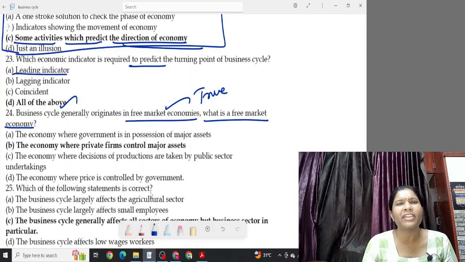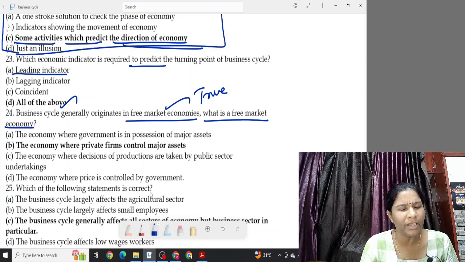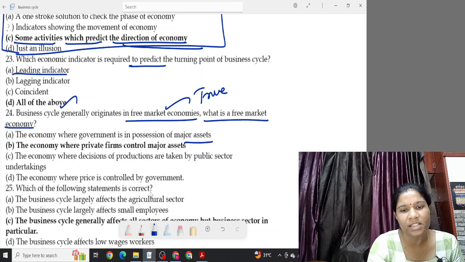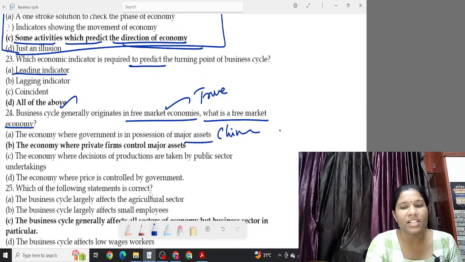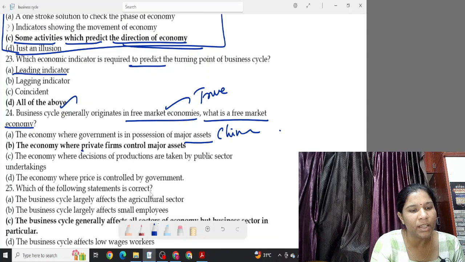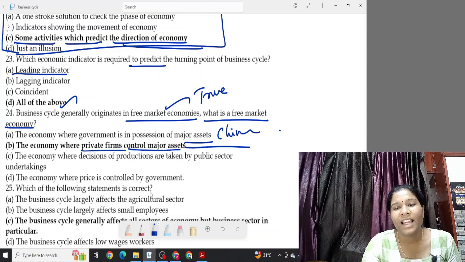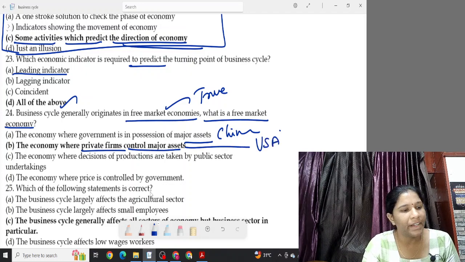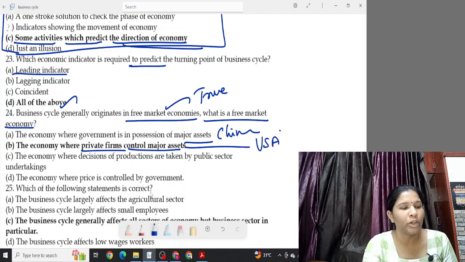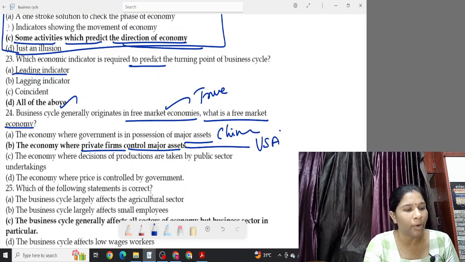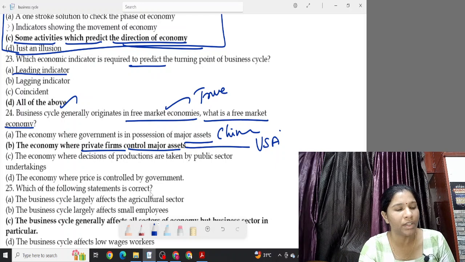Where private firms control everything, there is no governmental control. An economy where government is in possession of major assets, this is China, is not a free market. Where private firms control major assets, example, USA. You can also say India, because nowadays only two families outwardly hold more properties and hold major assets of the country.